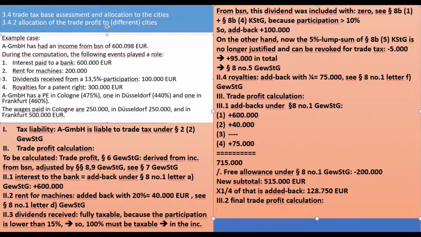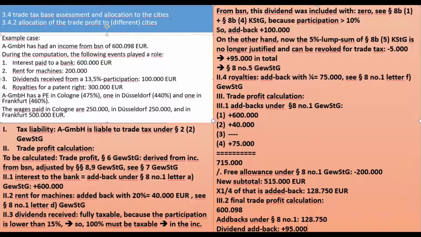We have 691 plus the add backs under paragraph 8, number 1, 128,750 plus the dividend add back plus 95,000.